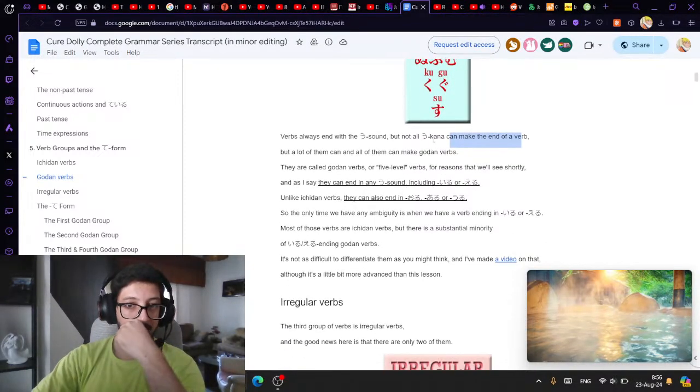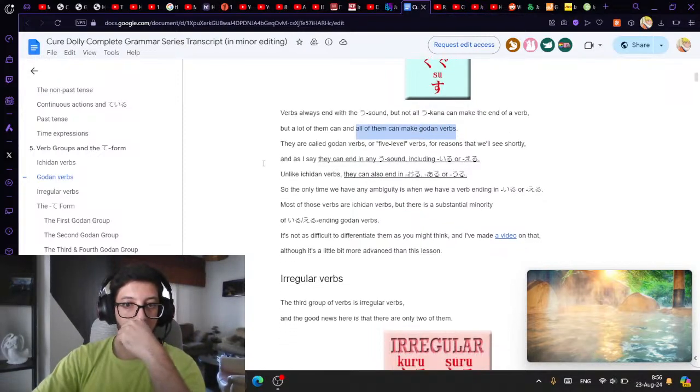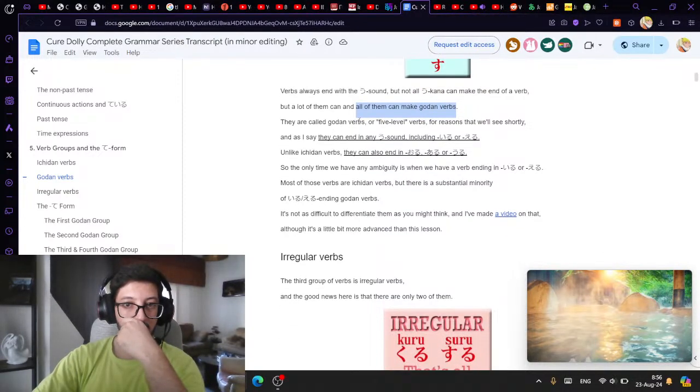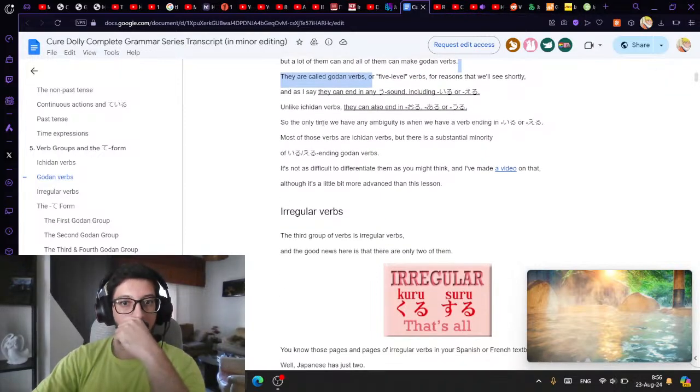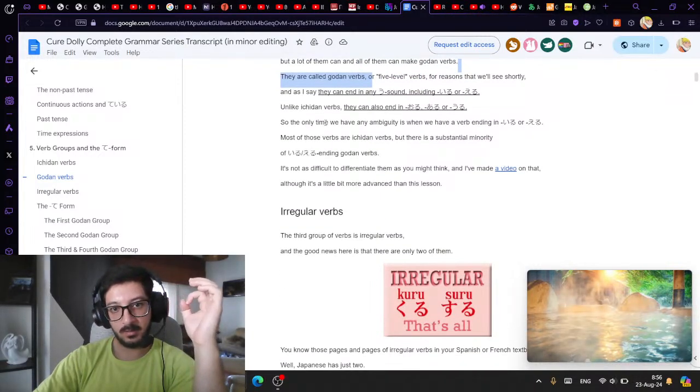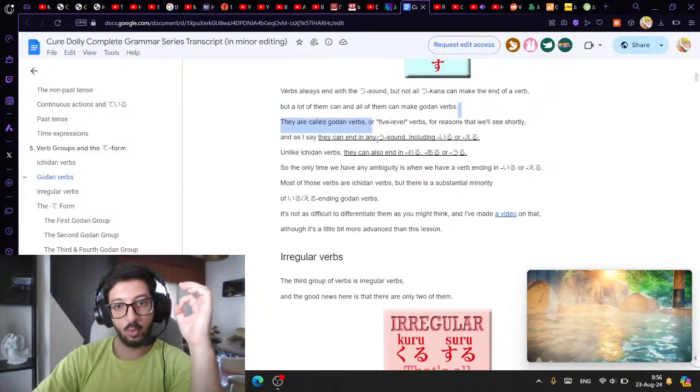Every verb that ends with a u kana is a Godan verb. They are called Godan verbs or five-level verbs for reasons we'll see shortly. And as I say, they can end in any u sound, including iru, eru.